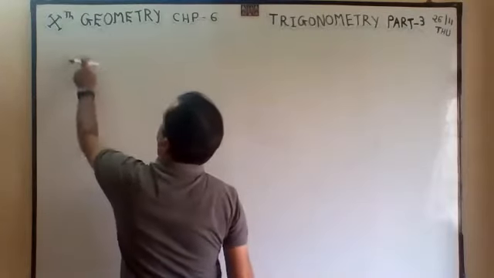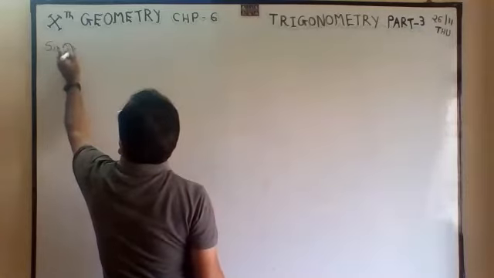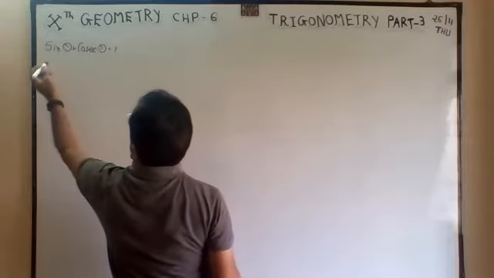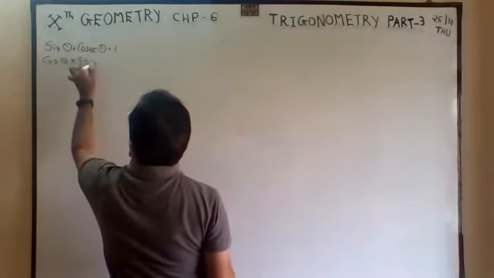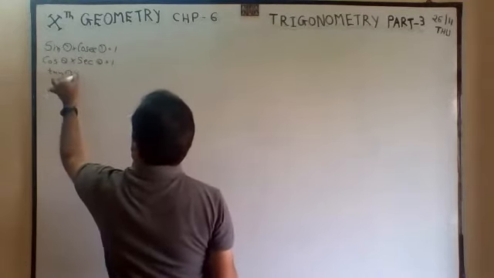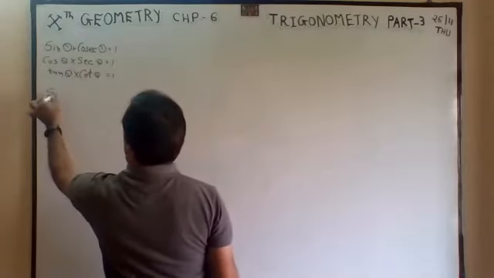That is: sin theta cosec theta is equal to 1. Cos theta sec theta is equal to 1. Tan theta cot theta is equal to 1.